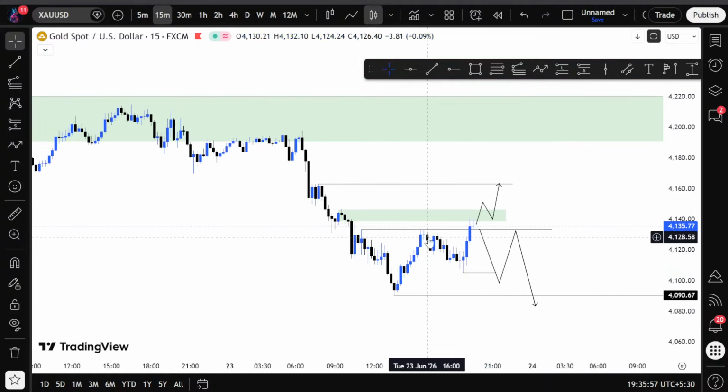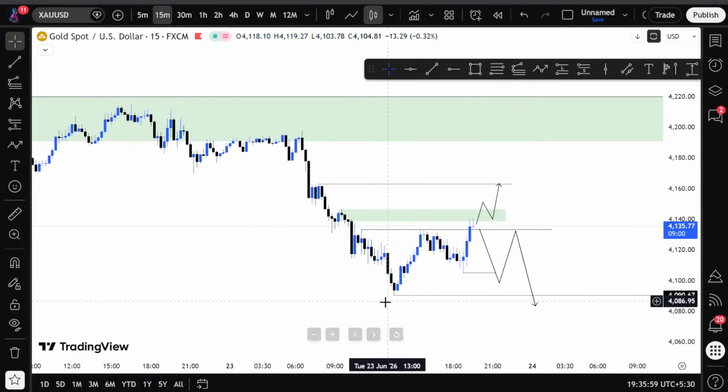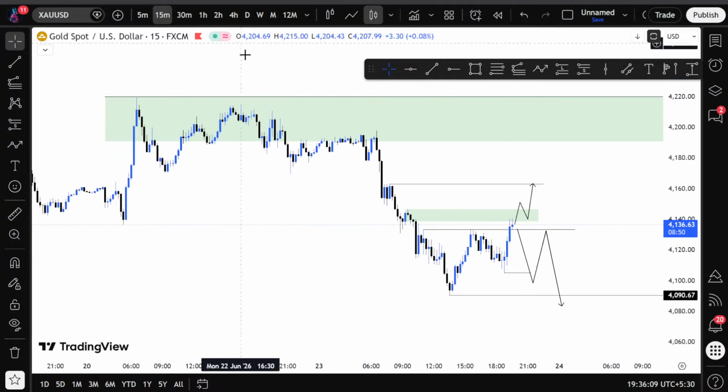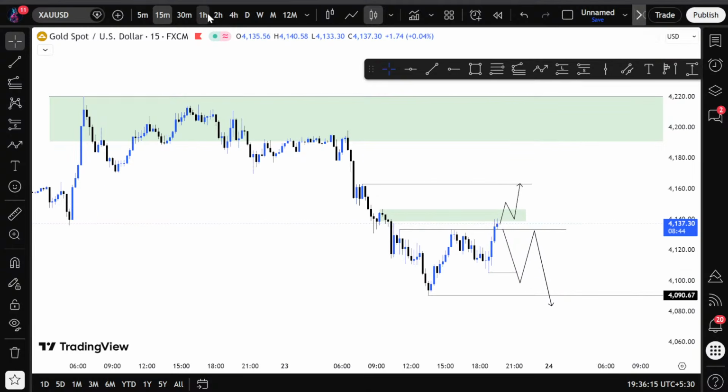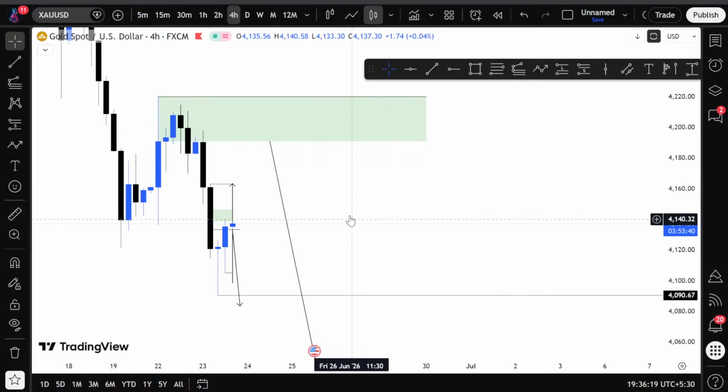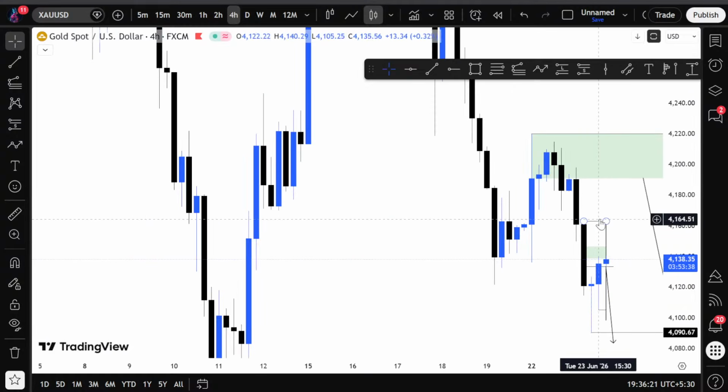Okay, so even for this scenario it will range so much time here, it needs time to develop a structure again for the bearish one. So that's it. I don't think it will give you this kind of opportunity again on the same day. So maybe we will get it tomorrow after sweeping this high.